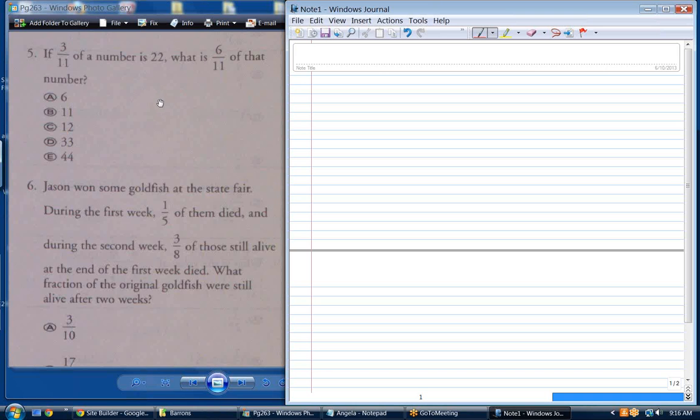It's twice, exactly twice. 3/11ths times 2 is 6/11ths. So if 3/11ths of the number is 22, twice that much has to be 44. No calculator needed at all.